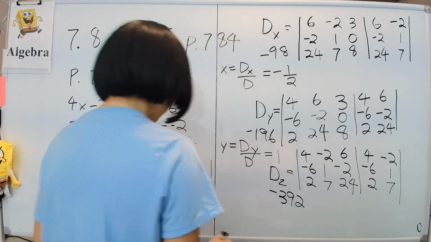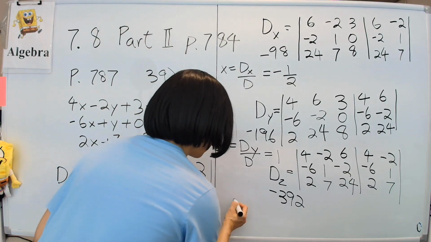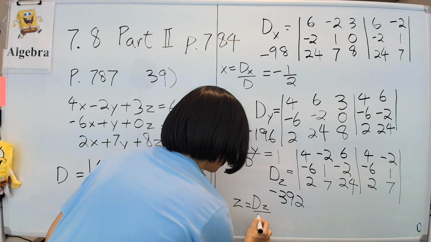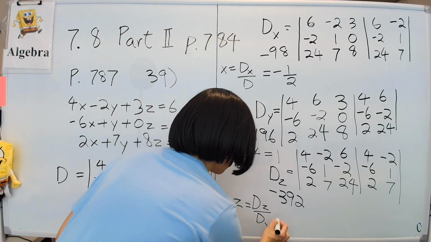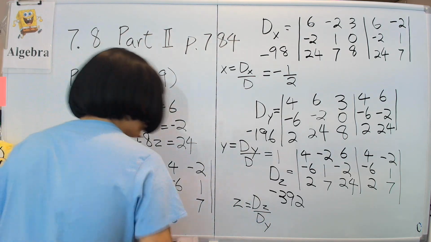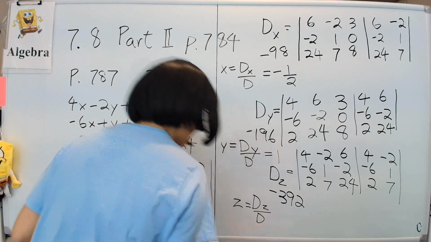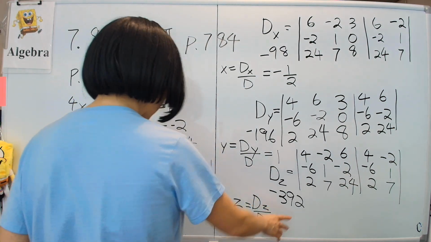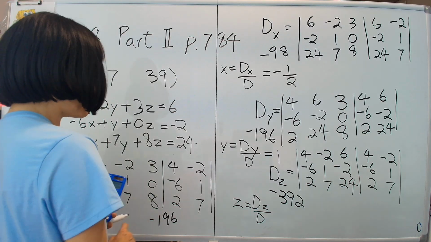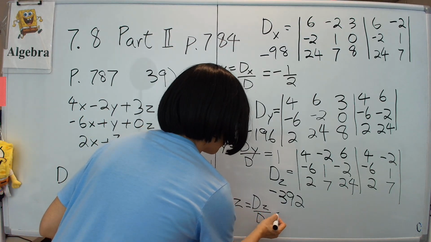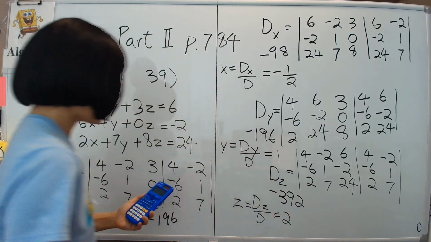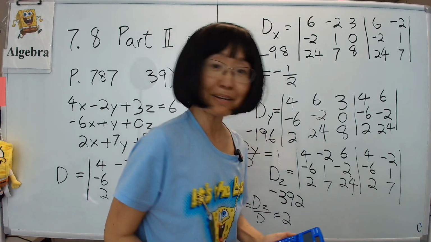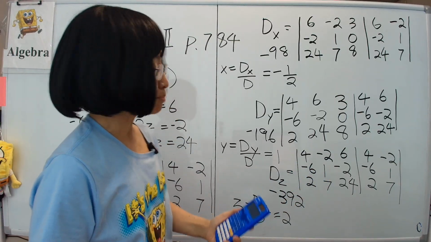And so that means z equals dz over d by Cramer's rule. Where does y come from? Y has nothing to do with it. There. So dz, I think 392 is exactly double of d. So that means z equals 2. And that should be the answer. Yeah, that is correct. And that's the end of problem 39.